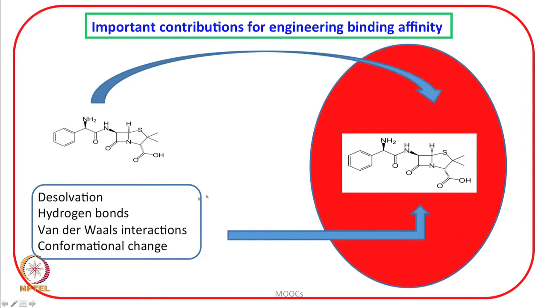Desolvation is removal of water molecules, and these interactions, hydrogen bonding, van der Waals interactions, conformational change, or some hydrophobic interactions may also set up between the various groups of the drug molecule and the constituents of the binding cavity. And each point which is mentioned over here will contribute to delta G naught, delta H naught, and delta S naught.